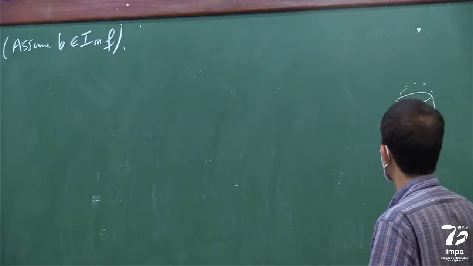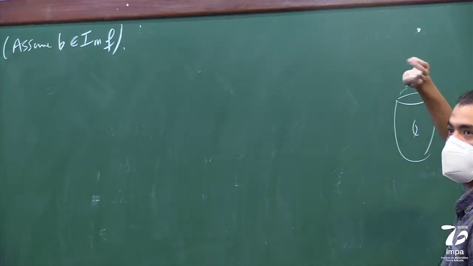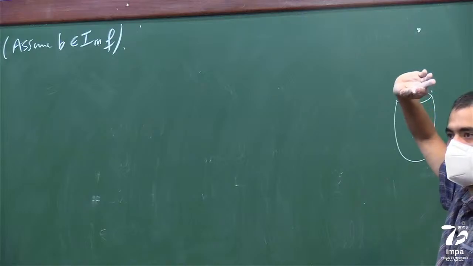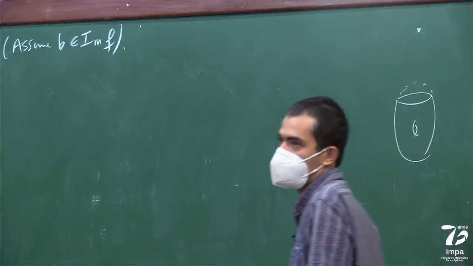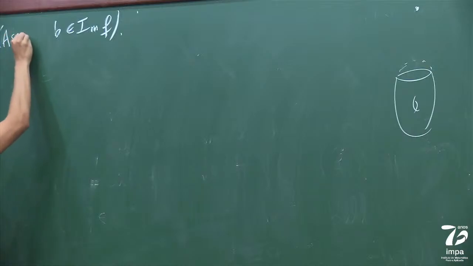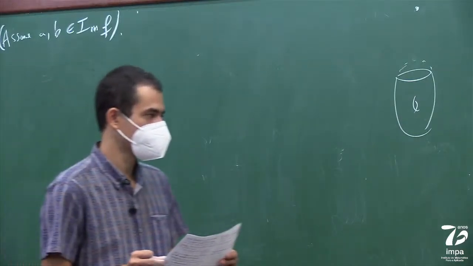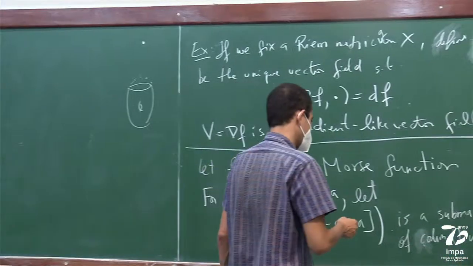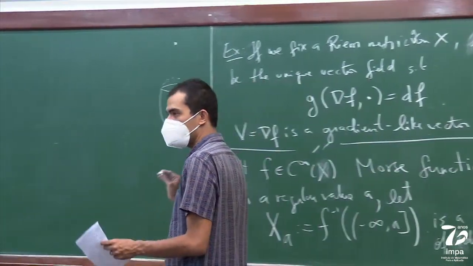Okay, so if A and B are over the maximum, then this is obvious. So there's nothing to prove. So it's only an interesting result if A and B are in the image. So I'm going to assume A and B are in the image. So in other words, the pre-image of A and the pre-image of B are non-empty. Yeah, so in other words, the submanifolds do have real boundaries.